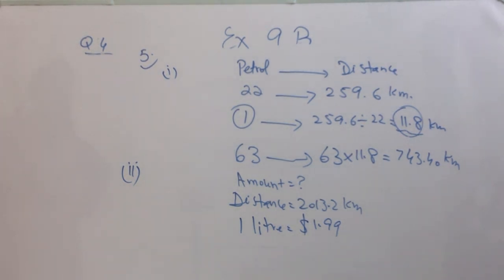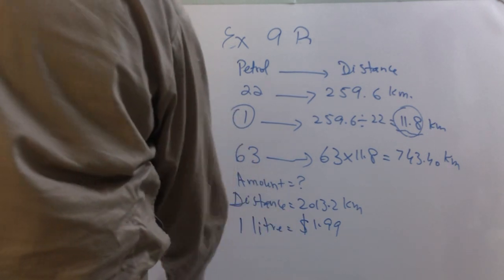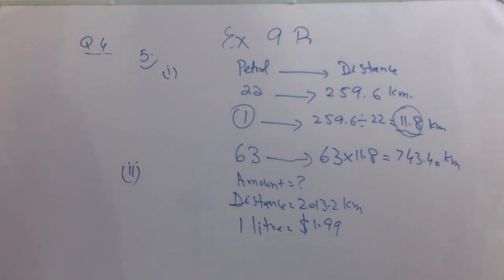But we don't know, if we travel 2013.2 kilometers, how many liters we will be using. If we know the number of liters used, we can multiply the liters used with the cost of 1 liter, and then we get the amount.